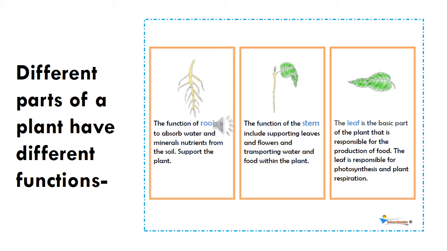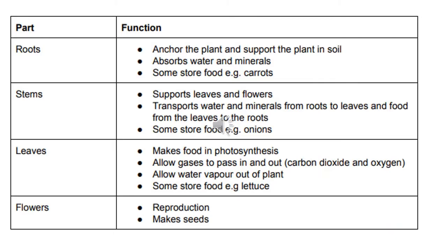On the other hand, the stem is the one that bears flowers, leaves, and the fruit. And what about a leaf? We all know the leaf is responsible for producing food. The leaf does the major process of making the food for the whole plant. So let's talk about it in a quick session.